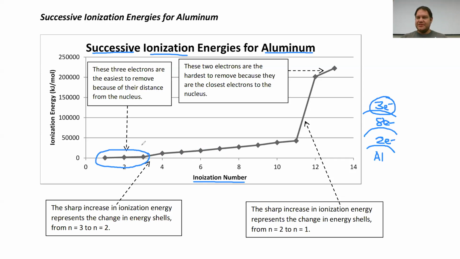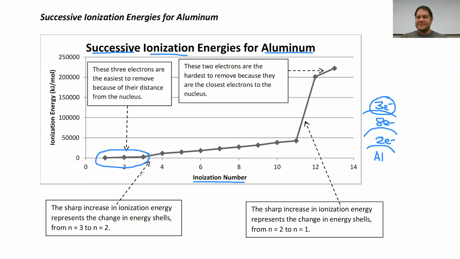The nucleus does not have a strong attraction for these 3 electrons as it does for the other ones, okay? Because they're further from the nucleus. And basically, again, using Coulomb's law, we know that the further an electron is from the nucleus, the less attractive force it will have, or the less electrostatic force that will occur.